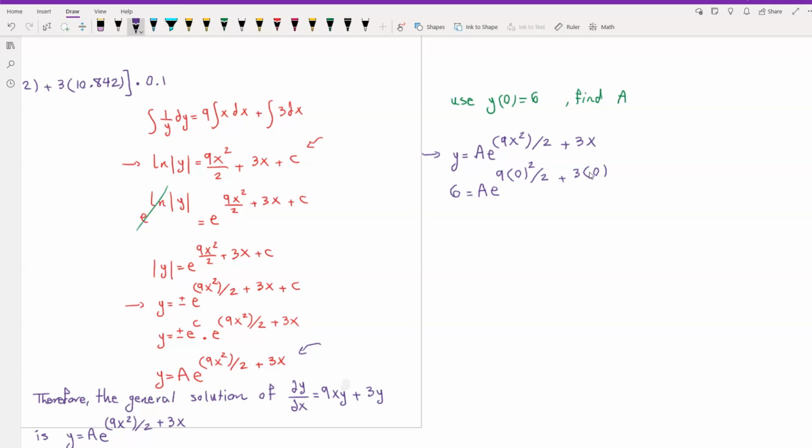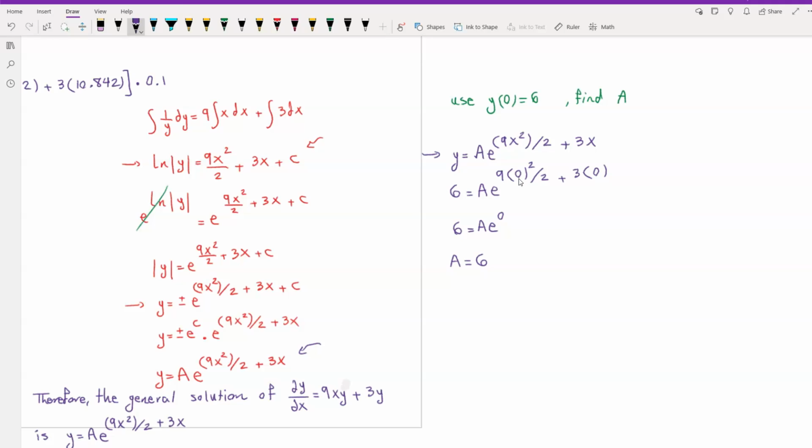Solving for a. So here power is 9 times 0 plus 3 times 0. So that is 0. So 6 equal to a times e power 0. So a is equal to 6.